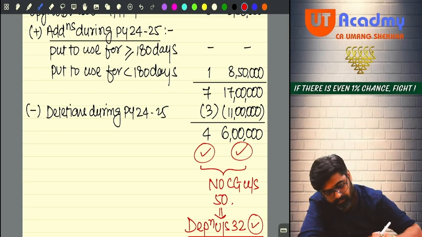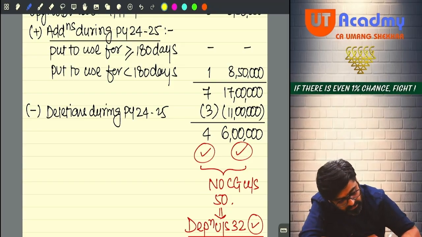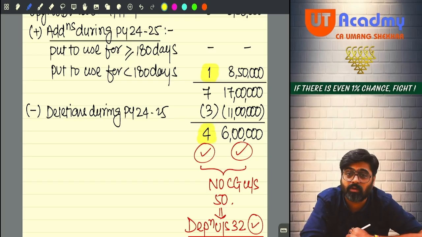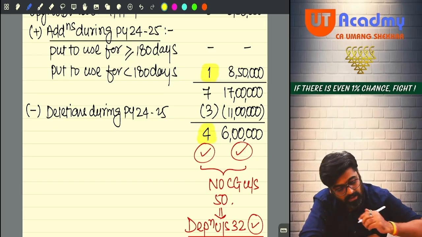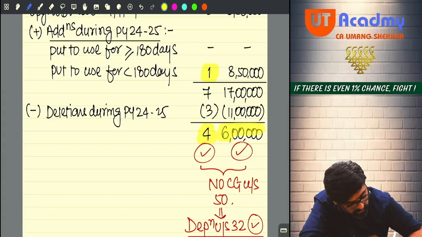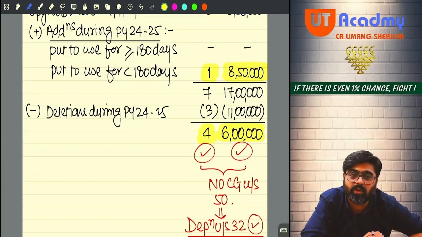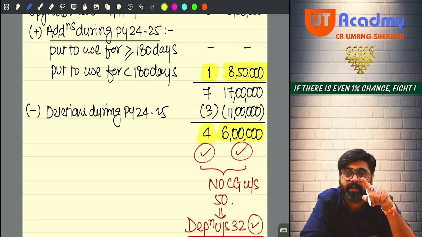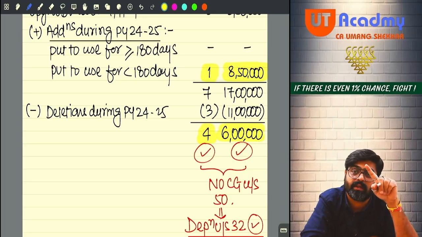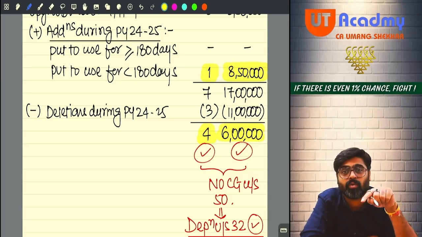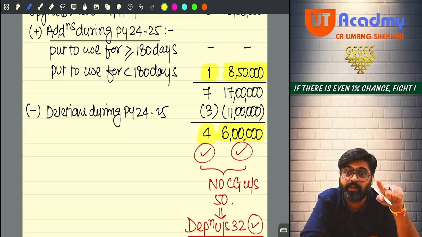But can you see that this machine is still there in the block? It is not sold, and the remaining value is less than the value of this asset. I have told you that whenever this happens, on the entire remaining value, which is less than the cost of the asset purchased this year and put to use for less than 180 days, you calculate depreciation at half rate.